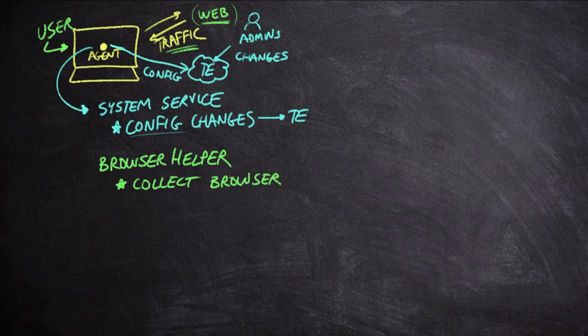We're going to find that we need a browser plugin as well, but when it comes to actually collecting the data from that particular component, it's going to be the browser helper that not only collects the data, but also sends the data. It's going to send that data to ThousandEyes, and again, it's in communication with the ThousandEyes cloud in order to make this happen.